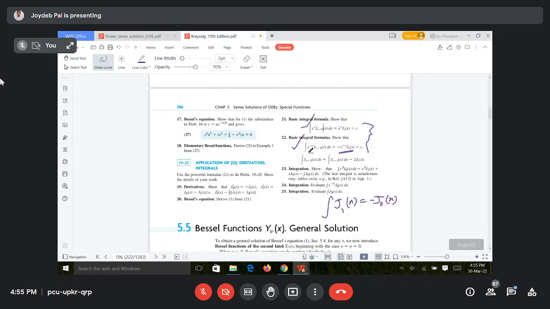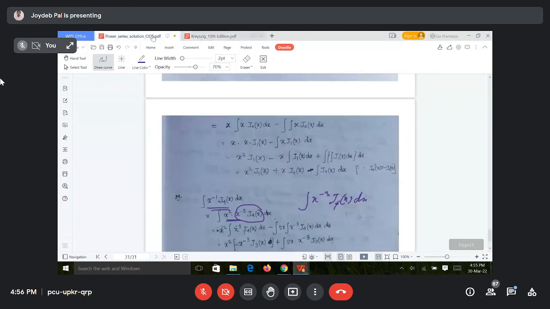See, in the second formula, if you put nu is equal to 3, it will be x to the power minus 3 j4x, right? So the integration of x to the power minus 3 j4x will be minus x to the power minus 3 j3x. After that we have done integration by parts, and then we are getting this integration, sorry, the integration of x to the power minus 3 j4x, and it is, as I told, minus x to the power minus 3 j3.